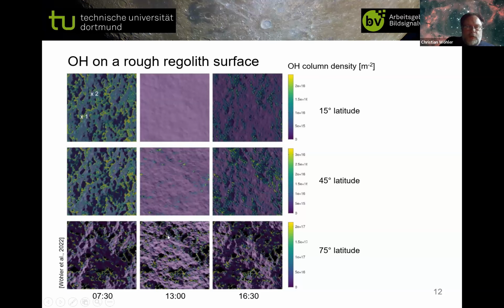But around those micro cold traps, we see high concentrations of OH. At midday, we also see basically nothing in the areas tilted towards the sun. In the evening, the hydration comes back. During the night, nothing happens, and then the whole cycle begins again.